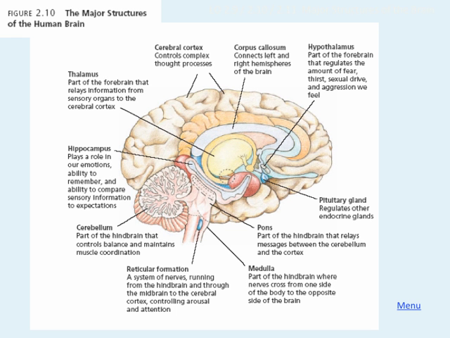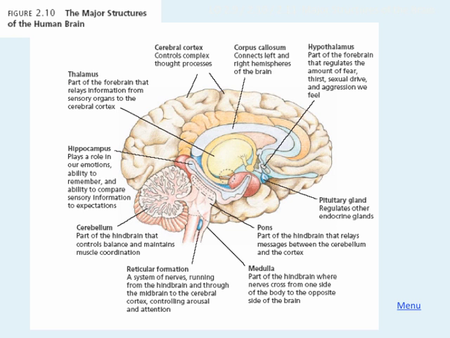Okay, so let's look at the major brain structures. Now we have the hypothalamus, which is part of the forebrain that regulates the amount of fear, thirst, sexual drive, and aggression. The corpus callosum connects the left and right hemispheres. That's what's cut when we're talking about split brains. The cerebral cortex is the outside, controls complex thought processes, our thinking cap.